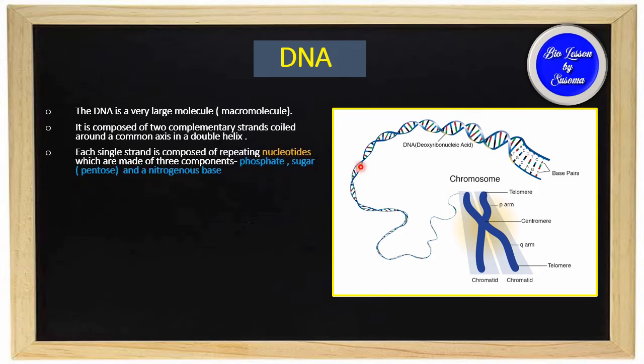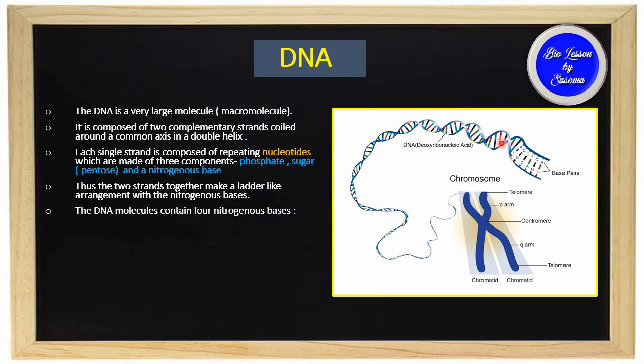Each single strand is composed of repeating nucleotides, which are composed of three parts: phosphate, a pentose sugar, and a nitrogenous base. Thus, the two strands together make a ladder-like arrangement with the nitrogenous bases.